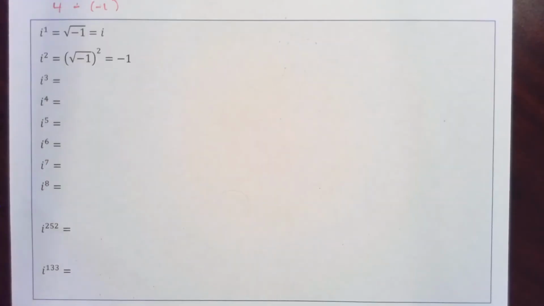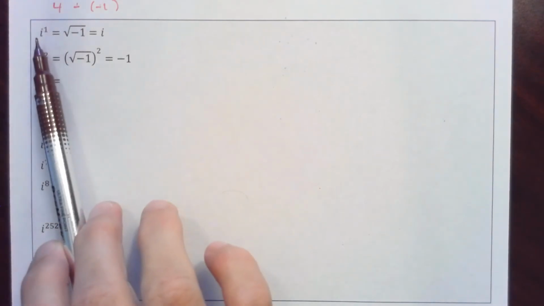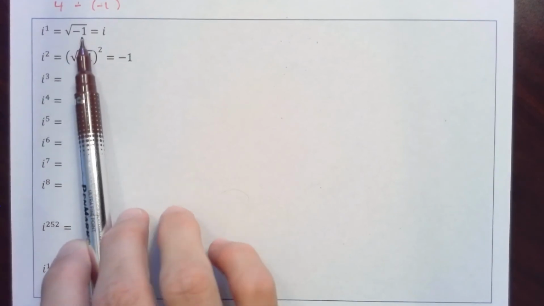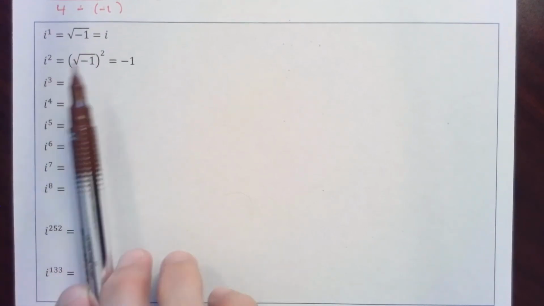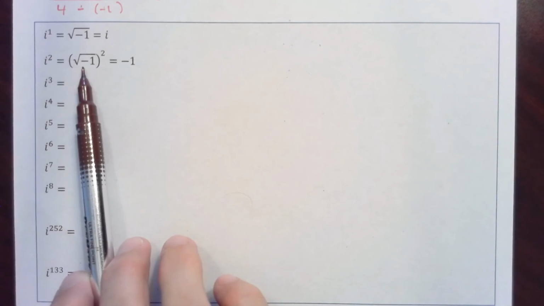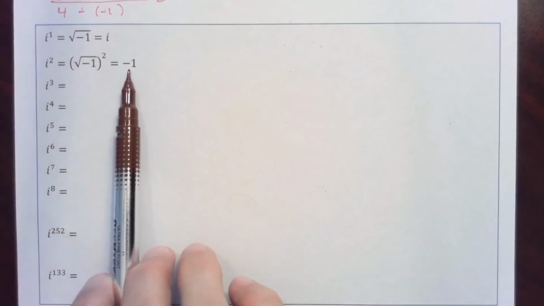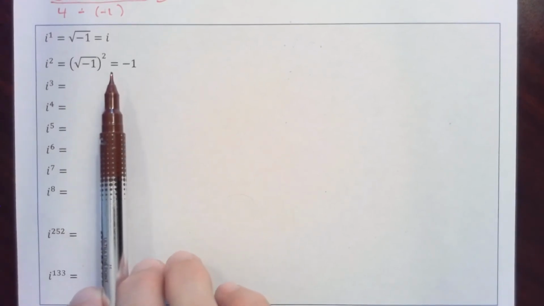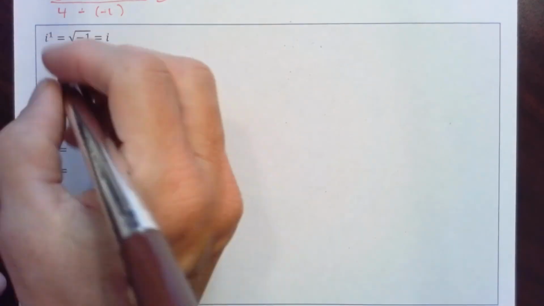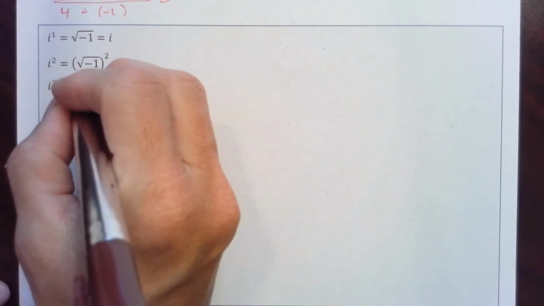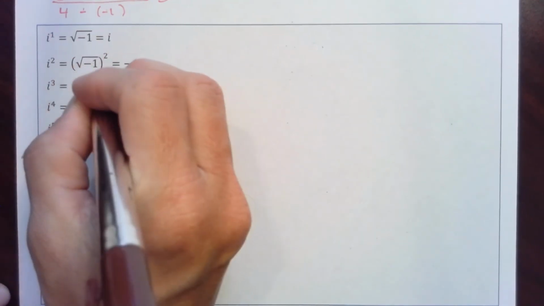Okay, we're going to do a little bit of investigation with i, and then we'll be finished. So remember, i is the square root of negative 1. i squared is the square root of negative 1 all squared, which is just negative 1. Okay, so stay with me here. Isn't i cubed the same thing as i squared times i?